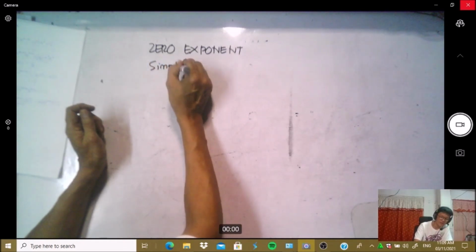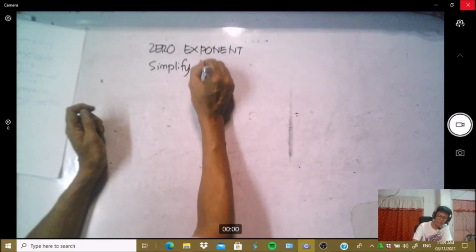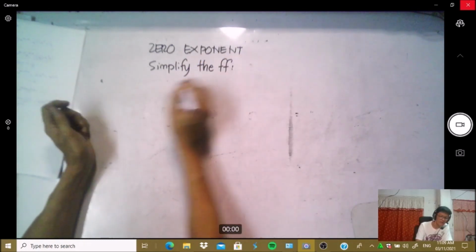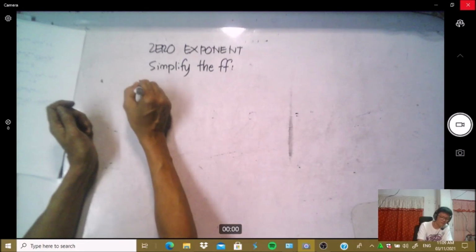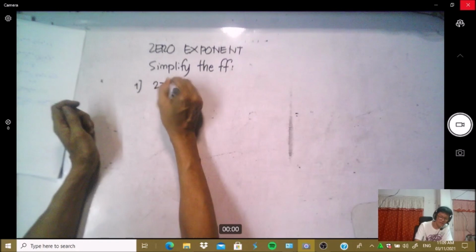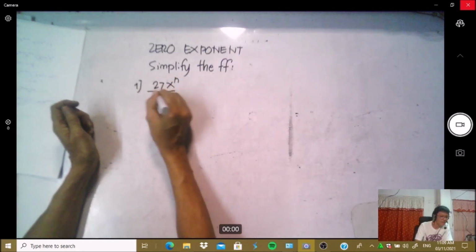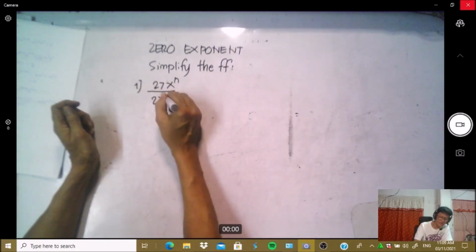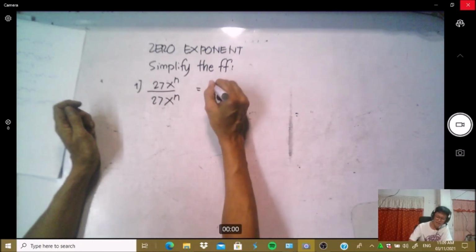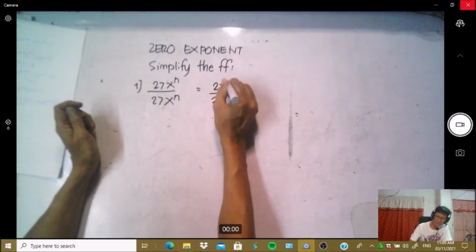Okay, so let's start. Simplify the following. For number 1, we have 27 x raised to n over 27 x raised to n. Now you will see that we have 27 divided by 27.